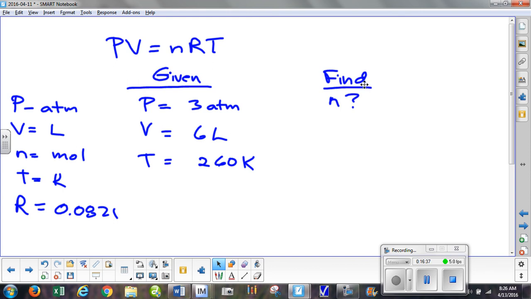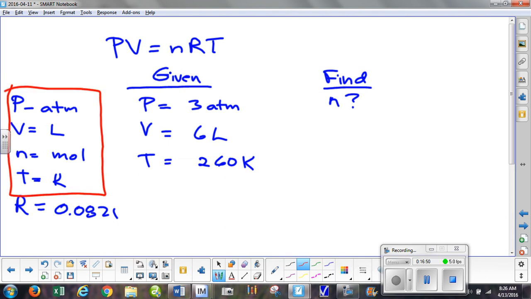Or you'll get three other ones, and you won't know the fourth one. What are our four things? Our four things are right here. Okay, this guy is always going to be 0.0821. If you don't have that on your help sheet, you got a screw loose.